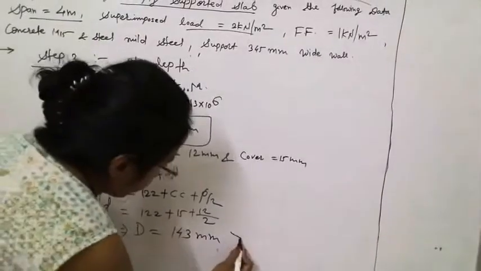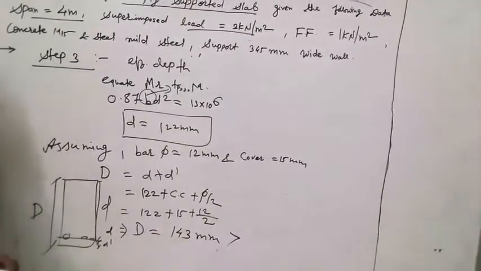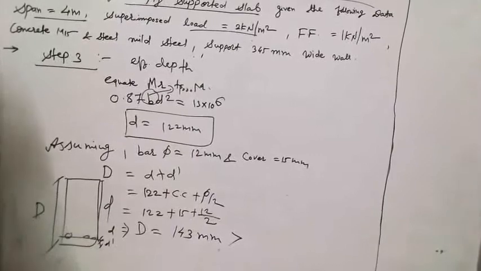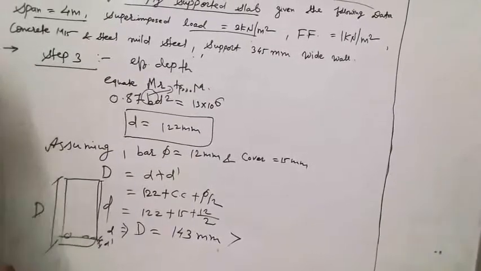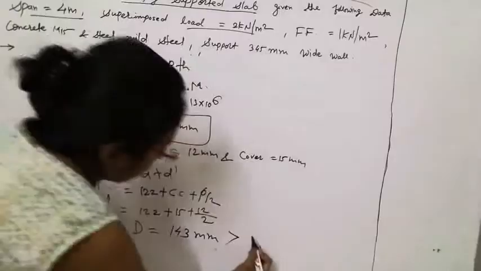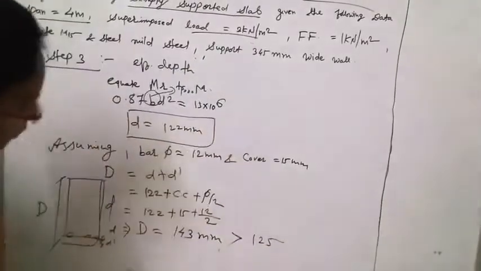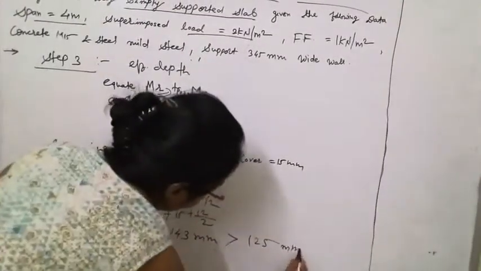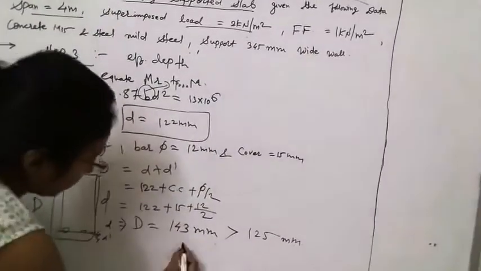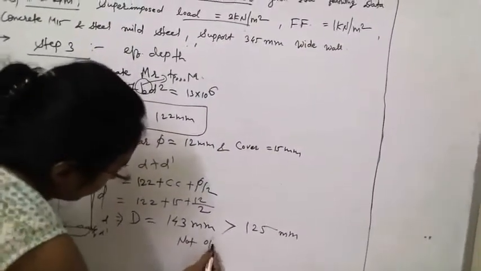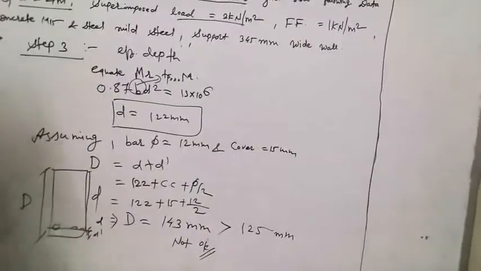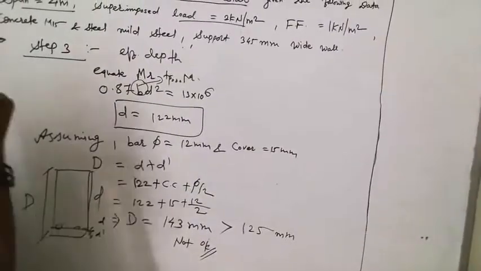Which is greater than our assumed depth. What was our assumed value? Our assumed value was 125. Means this is not okay. We are not getting our assumed depth.